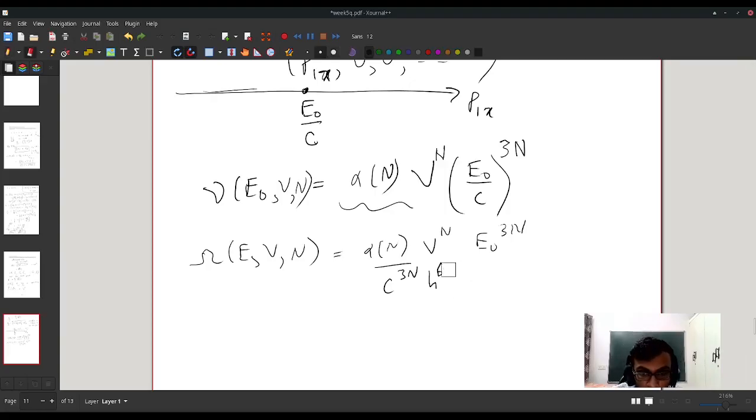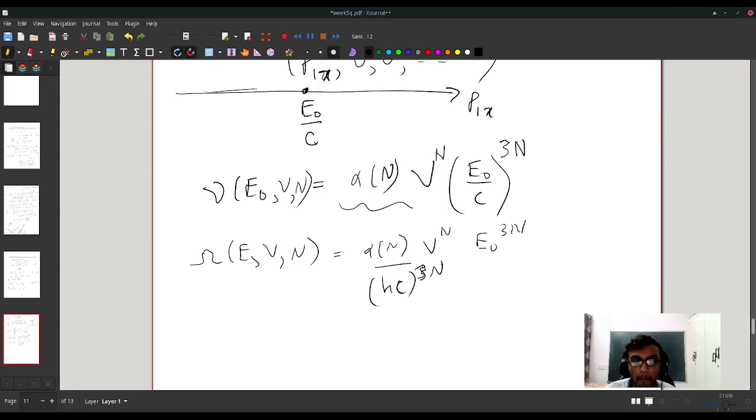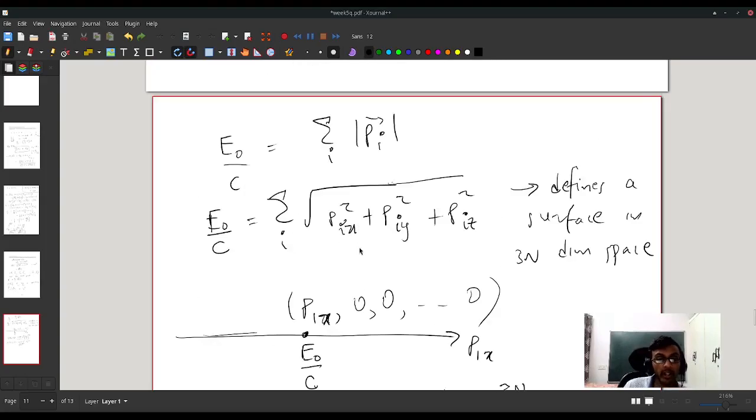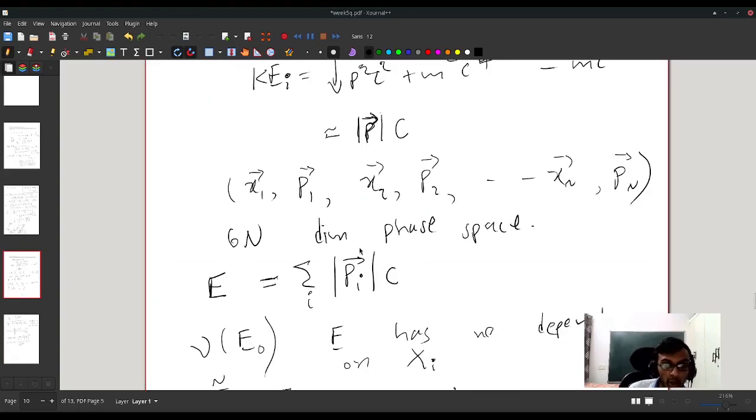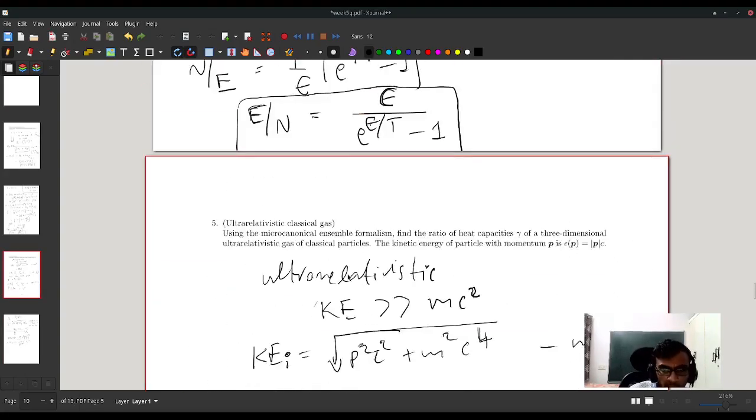Oh no, sorry, I think it is just 3n. So we can just write this as hc to the power 3n. And then we can actually find the equation of state from this. We can find the heat capacity and so on. So we can basically find the thermodynamics of this gas.